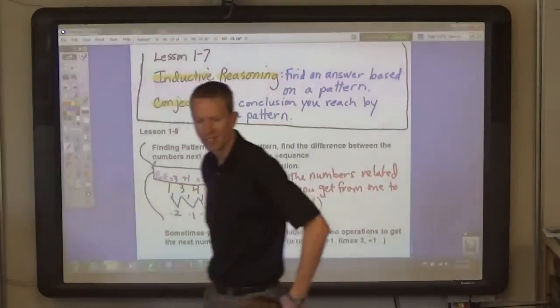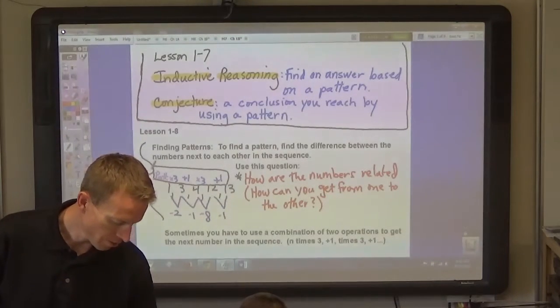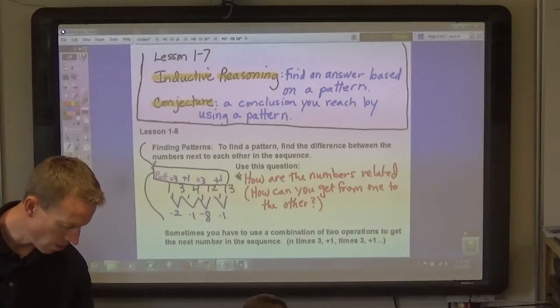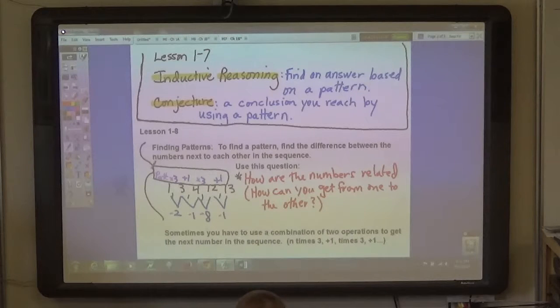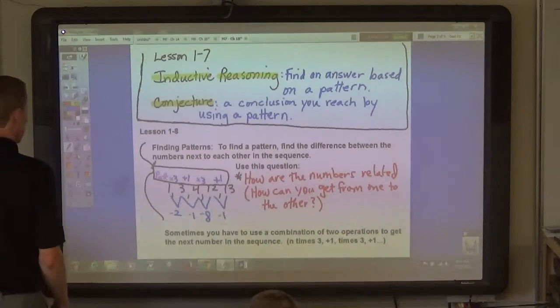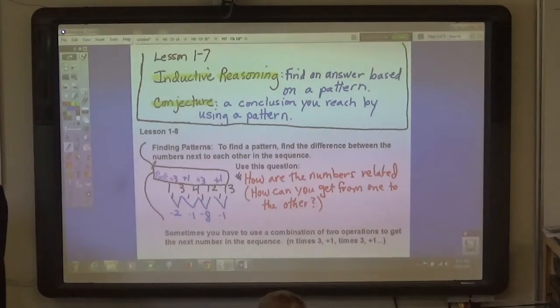Amelia. Okay, so number 1, page 42. 1, 3, 6, and 10 are the numbers in this pattern. And then add them going up the other way. What would you add? To get from 1 to 3, and then 3 to 6, and then 6 to 10.